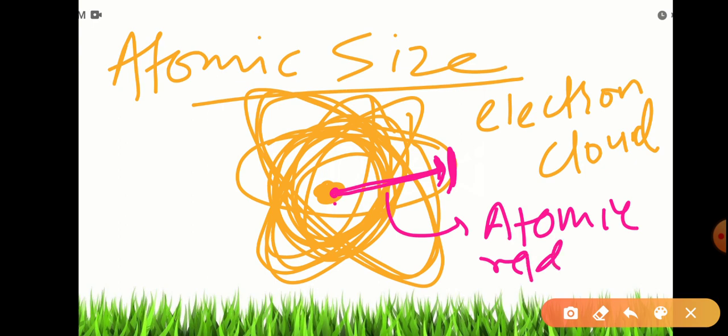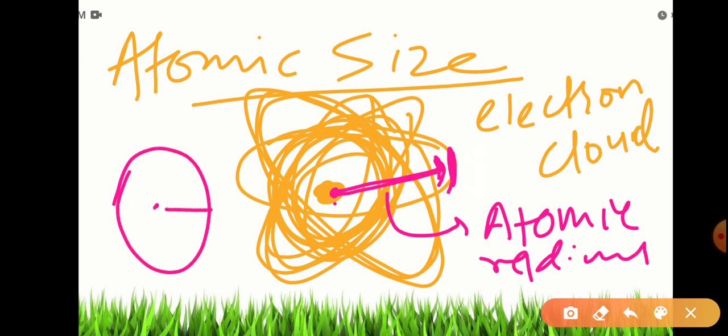If we draw a circle, this distance from the center is called the radius. So atomic radius is the distance between the center of an atom and the outermost electron.